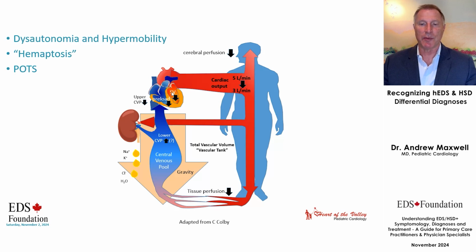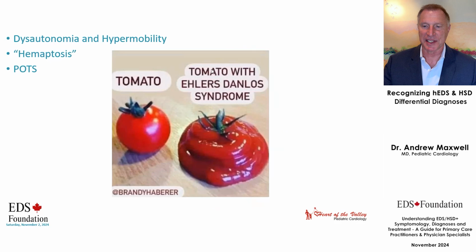And you lose that preload. If you lose the preload, you lose the stroke volume. If you lose the stroke volume, all other things being equal, cardiac output falls off. When that happens, all else being equal, cerebral perfusion falls off. Okay, so that is the core concept behind POTS.